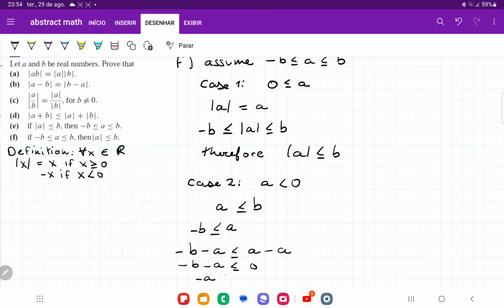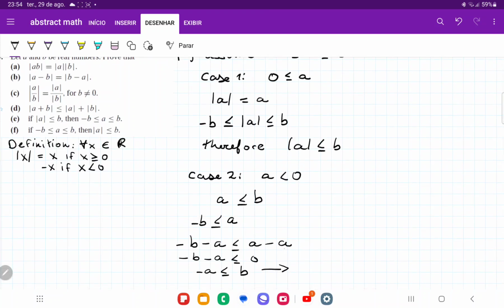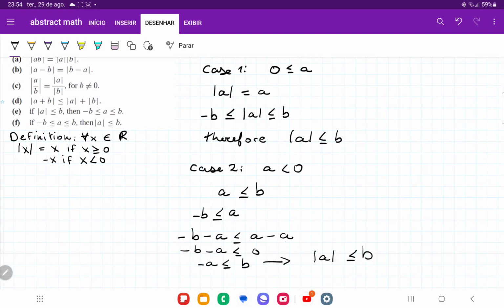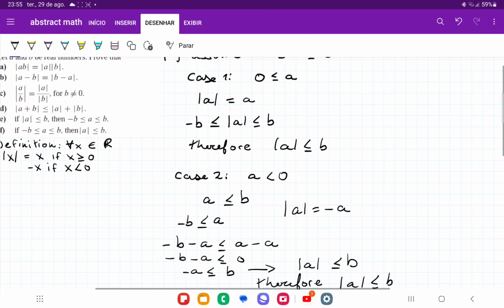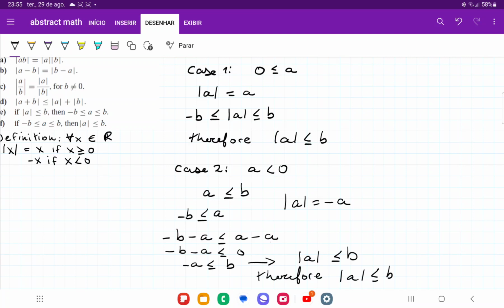So I have that minus A is less than or equal to B. And so this implies that B is greater than or equal to the absolute value of A because A is negative, right? And so in this case, I'm just going to say that the absolute value of A is equal to minus A. And so therefore, the absolute value of A is less than or equal to B. And so in both cases, we have proved our conclusion, which we wanted to. And that is it for item 6.